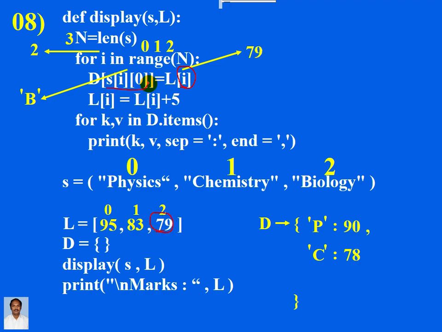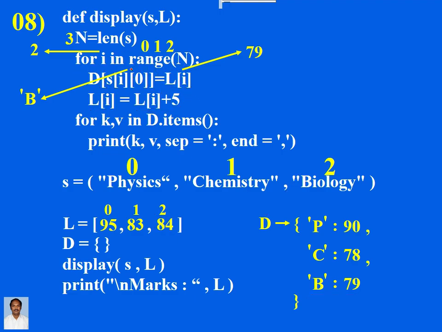So this key value pair will be inserted into the dictionary D. So the key is B and the value is 79. So B colon 79 will be inserted into dictionary D. Again, I is 2. L of 2 will give you 79. 79 plus 5, 84. That is assigned to L of 2. So your L of 2 becomes 84.